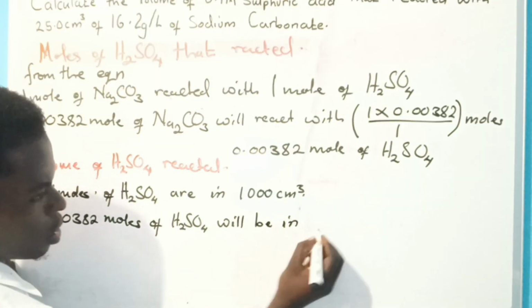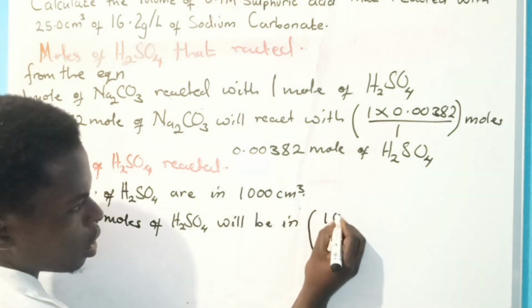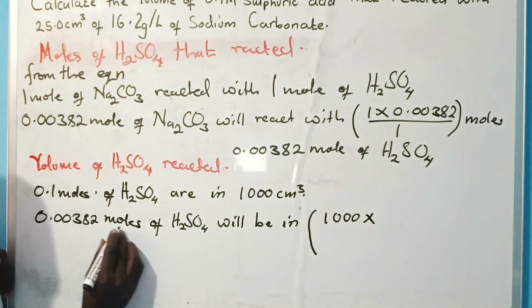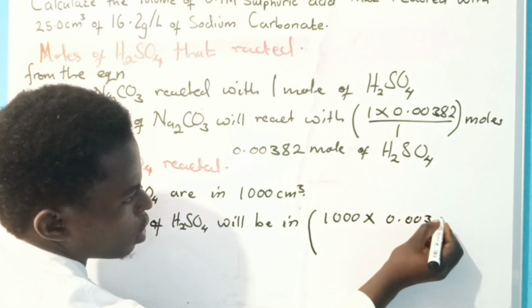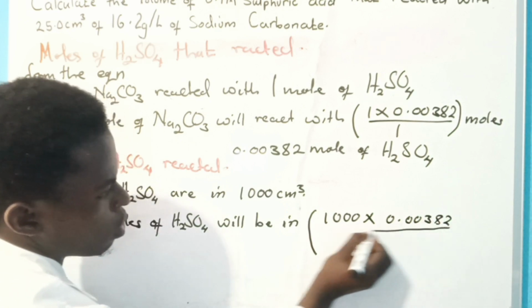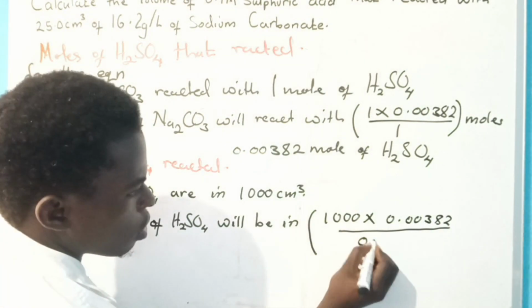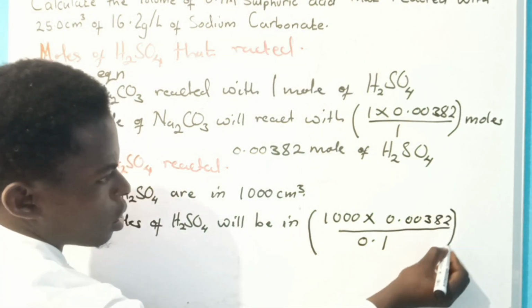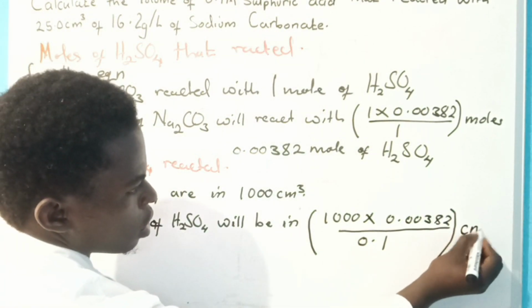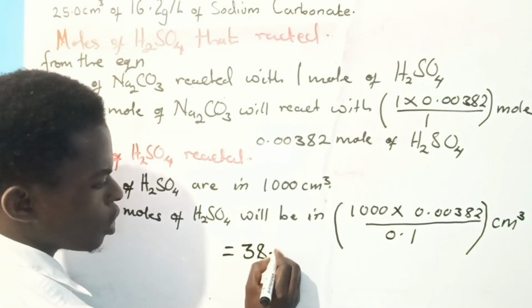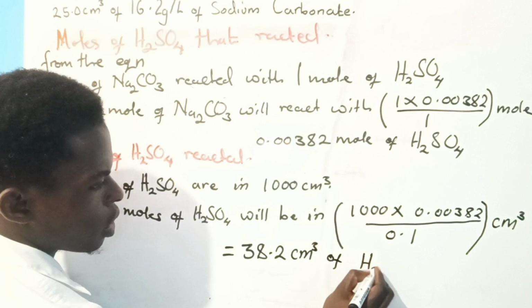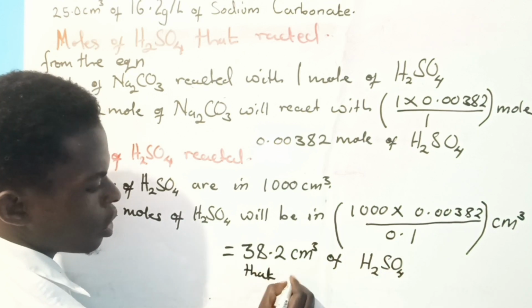That is 1,000 times the moles that reacted, which is 0.00382 over 0.1. These are cubic centimeters. And finally, the volume that reacted is 38.2 cubic centimeters of sulfuric acid.